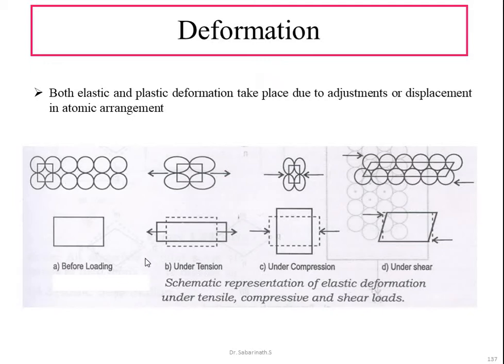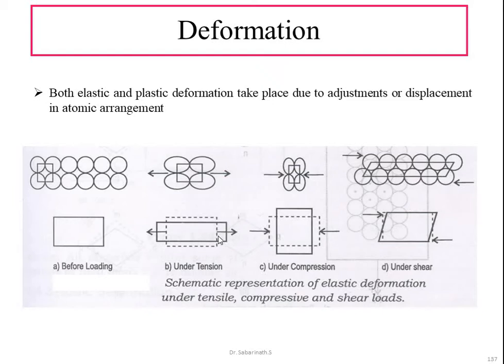And if it is tension, what will happen? You can see that it will try to elongate in either direction under tension, and the material in its original shape will change to this form.